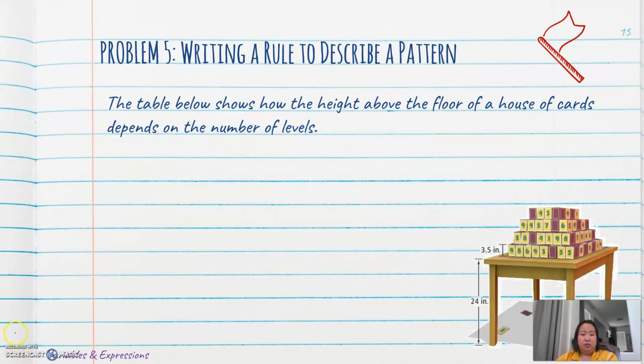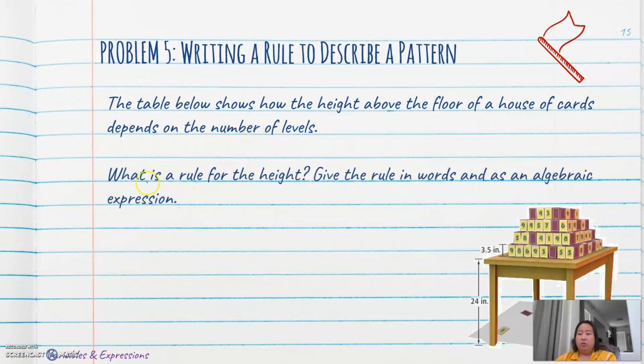Okay, so let's try to solve this word problem. As you can see here, we have a table below that shows the height above the floor of a house of cards, which depends on the number of levels. We are looking for the rule for the height. Give the rule in words and as an algebraic expression.